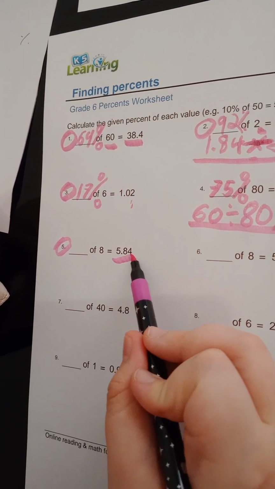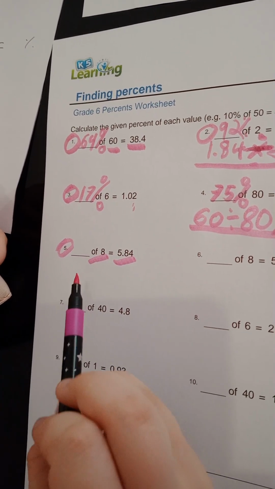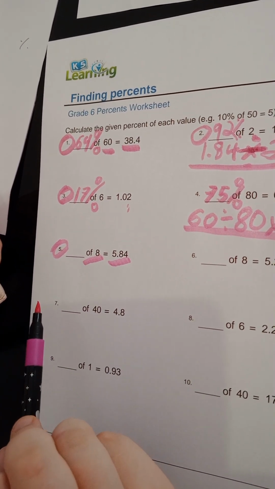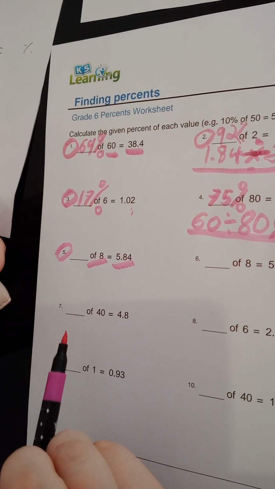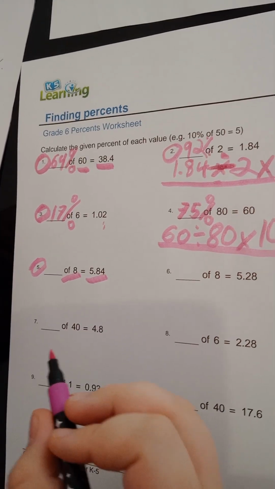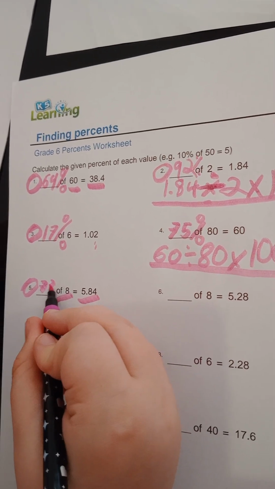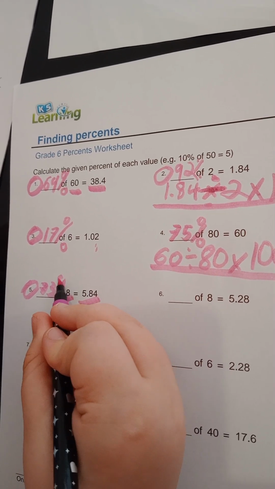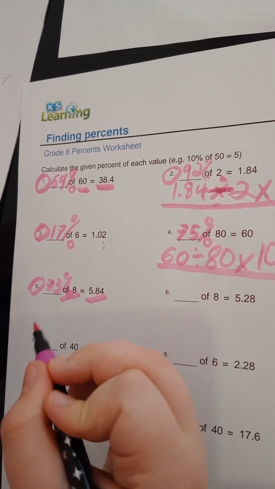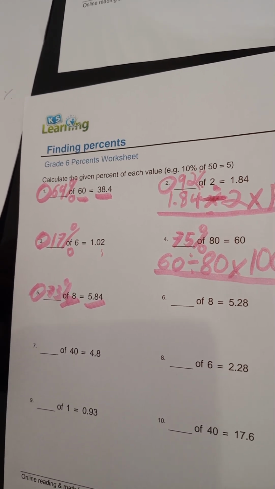You divide the answer by the whole, and you get your answer of 73%. So your part number is the answer, your whole number is the other number, and the percentage is what you try to find.